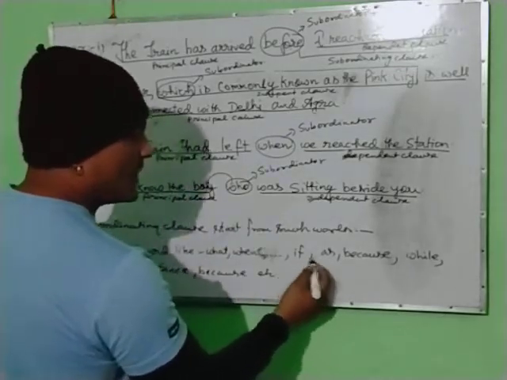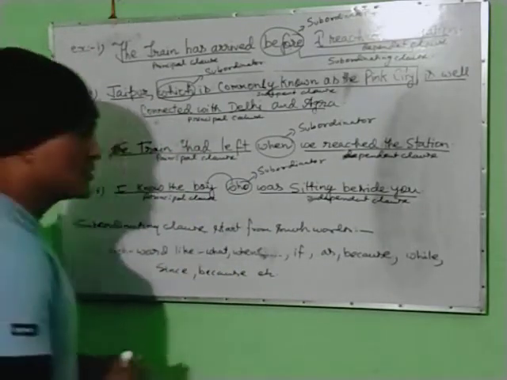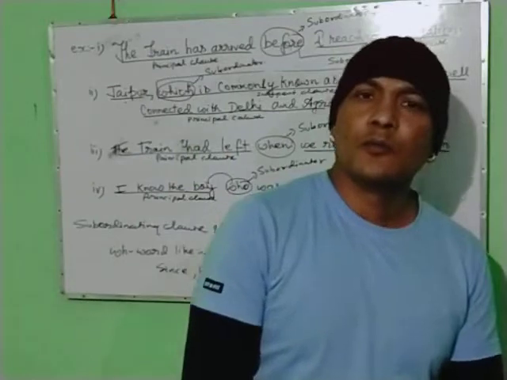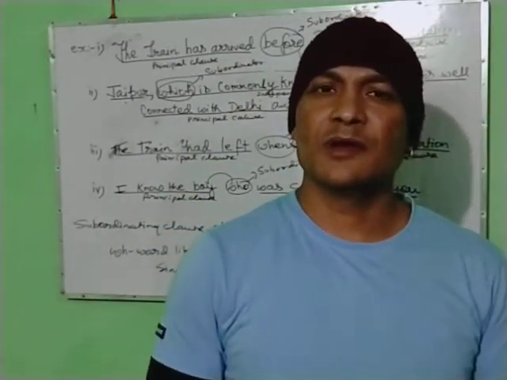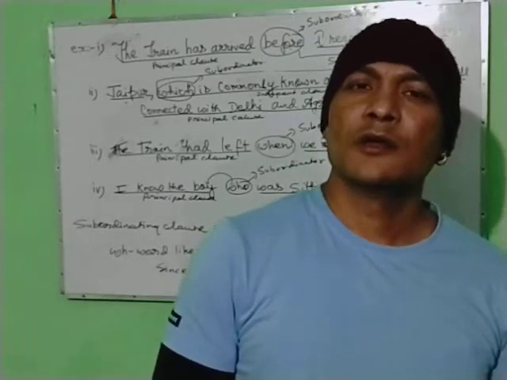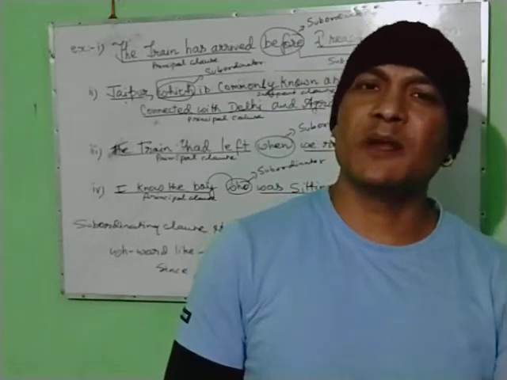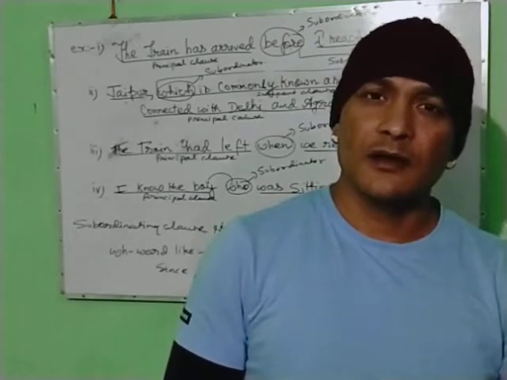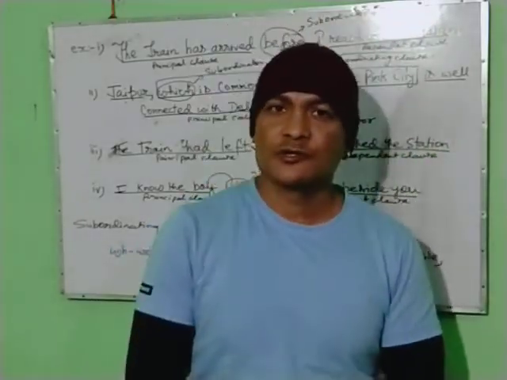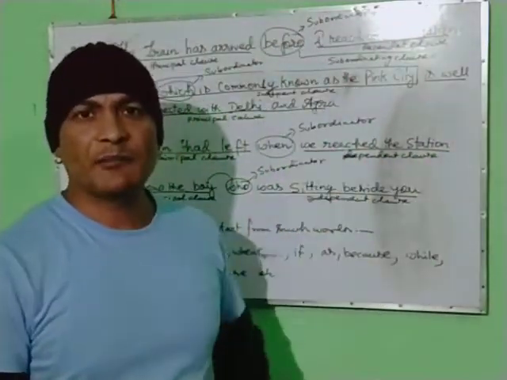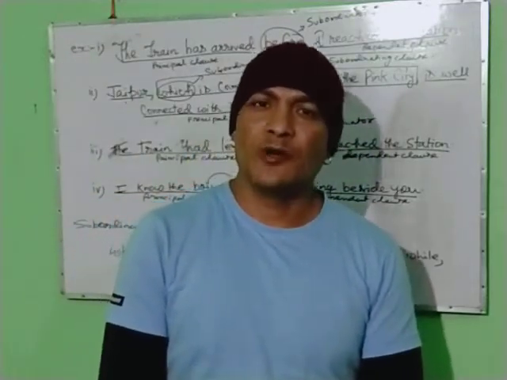There are more: if, as, because, while, since, etc. There are so many subordinator words that connect the two sentences, an independent clause with a dependent clause. So these are the examples that I have recently made you understand.